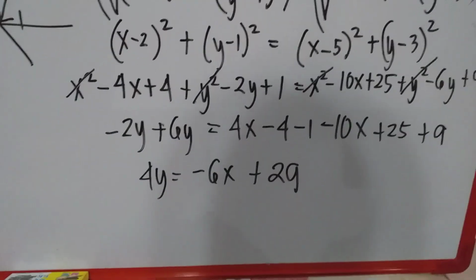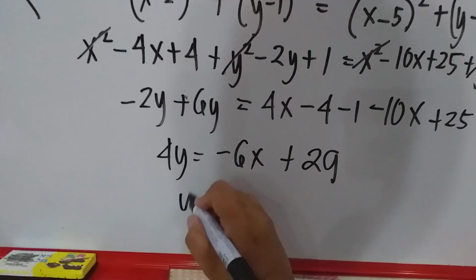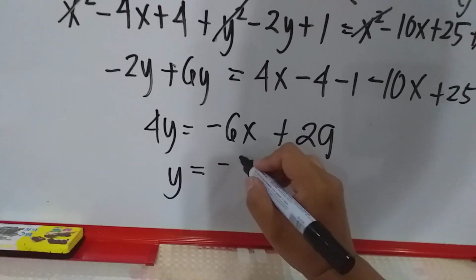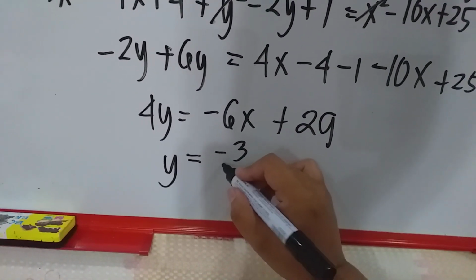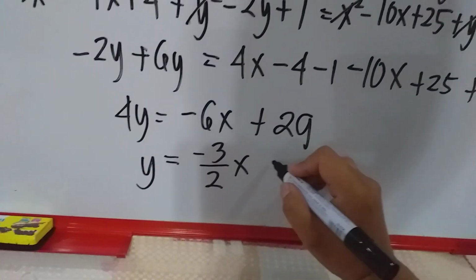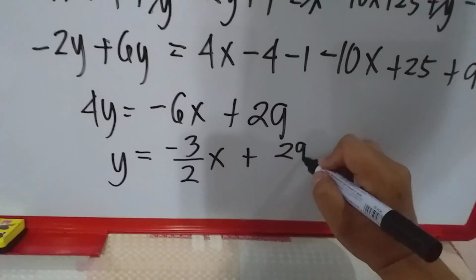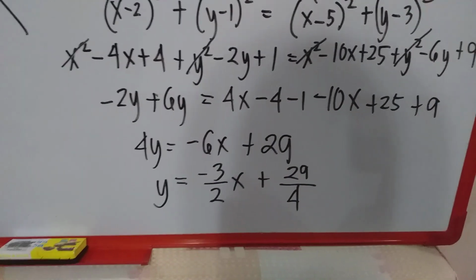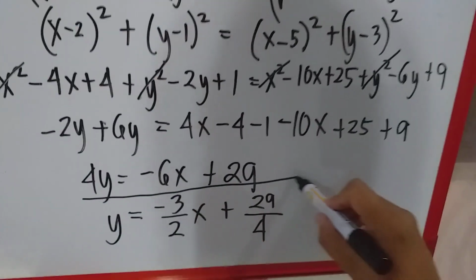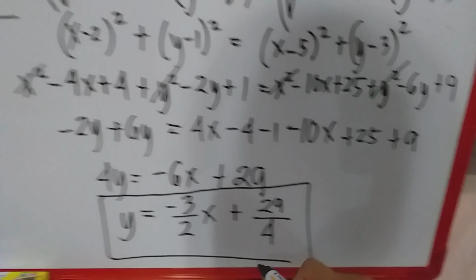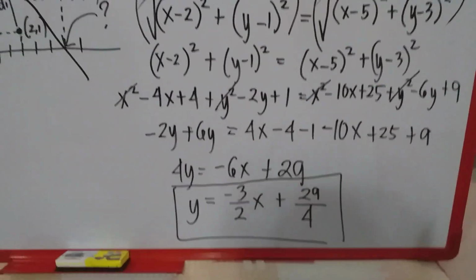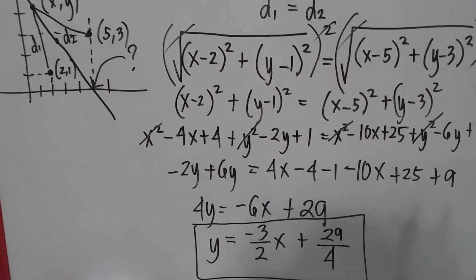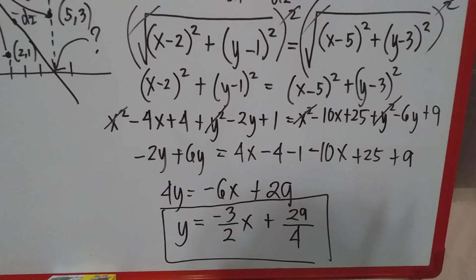Simplifying that further, we have y is equal to negative 3 halves x plus 29 over 4. So that's the equation of this line. I hope you understand the first example.